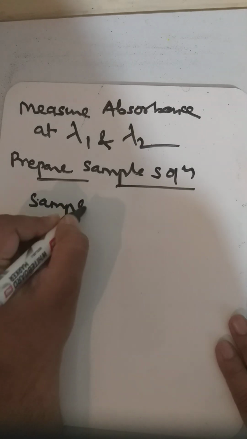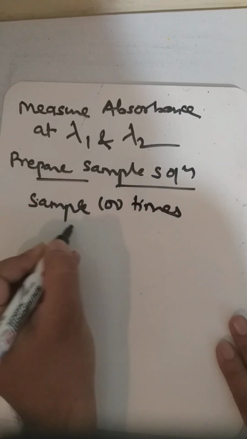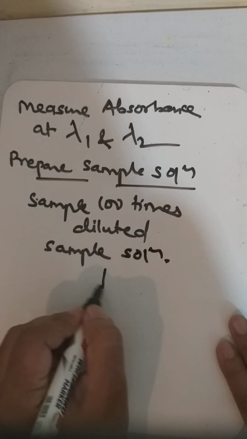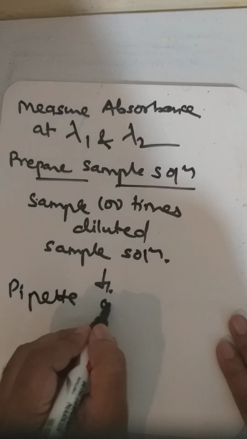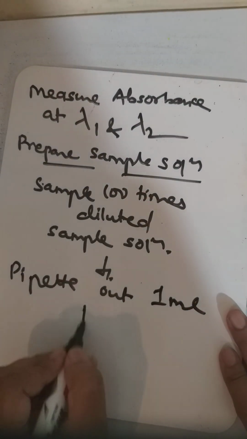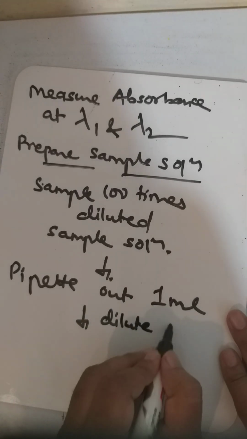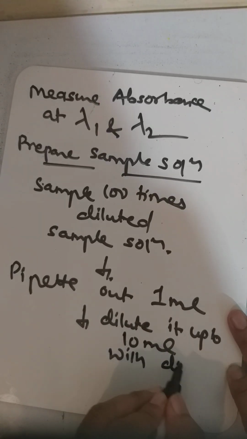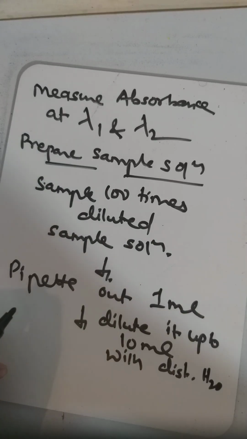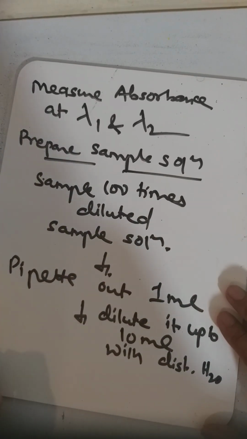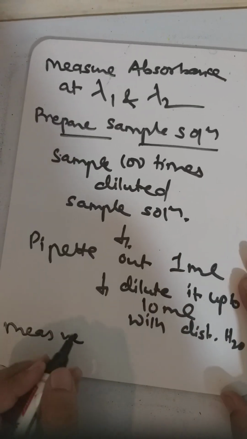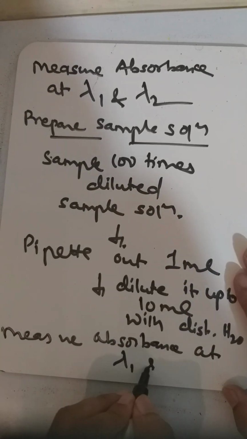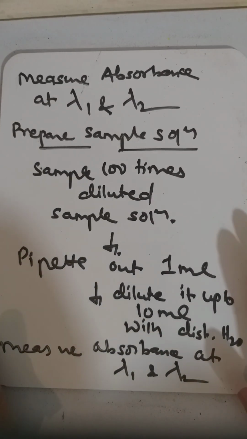From that 100 times diluted sample solution, you have to pipette out 1 ml and dilute it up to 10 ml with distilled water, and then measure the absorbance at lambda 1 and lambda 2. So these things you have to do.